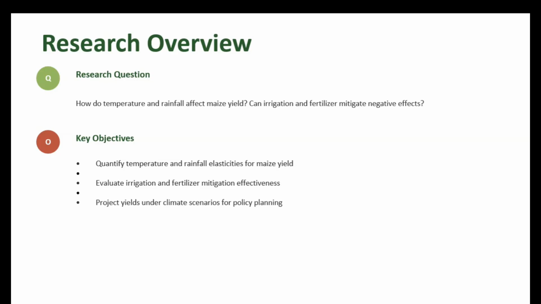The question: how do temperature and rainfall affect the maize yield? How can irrigation affect the fertilizer negatively?